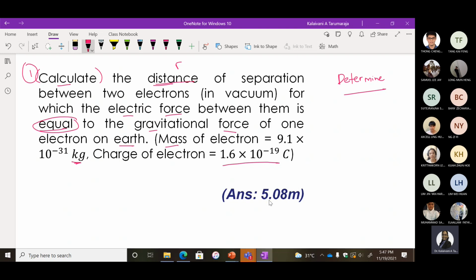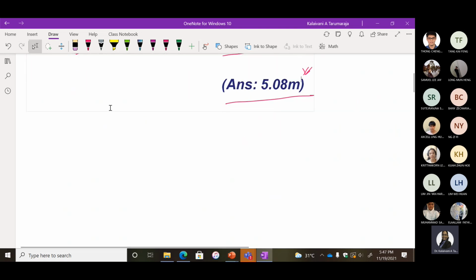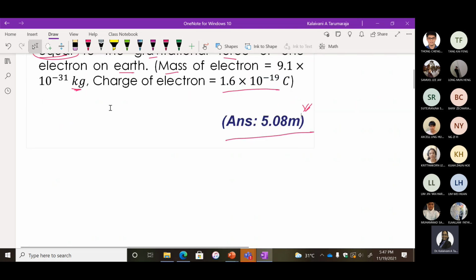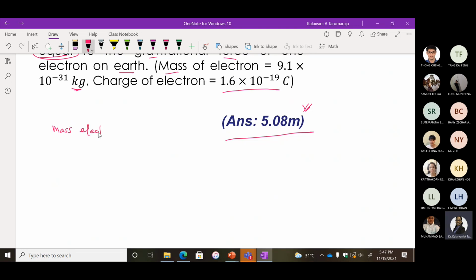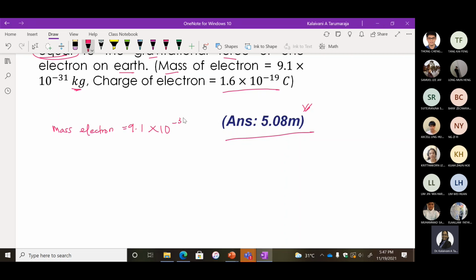From here, even though they already show you the final answer, you must get this one. So the first one gives you some idea how to get the answers. The first thing, I'm going to write the key points they gave me, so it is easy to go on with the calculations. The mass of the electron is 9.1 times 10 power minus 31 kilogram.